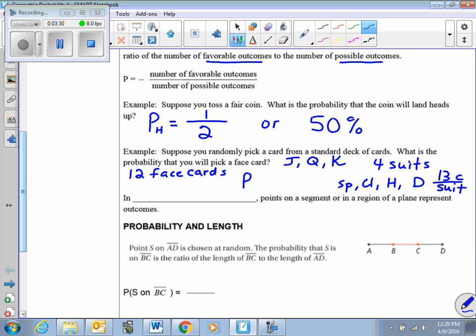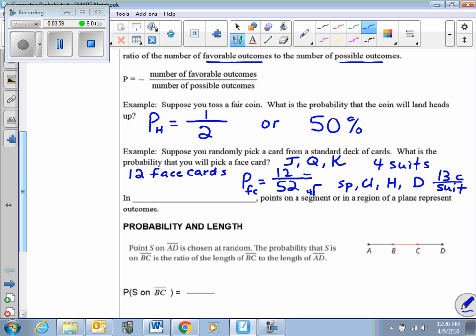So the probability for a face card is the number of favorable outcomes. We know that's 12, divided by the number of possible outcomes, which is how many cards are in the deck: 52. So our probability is 12/52, and of course we want to simplify this. What's the largest number that'll go into 12 and 52?